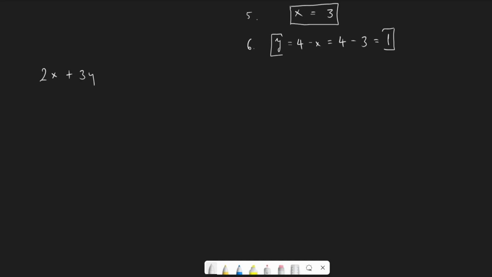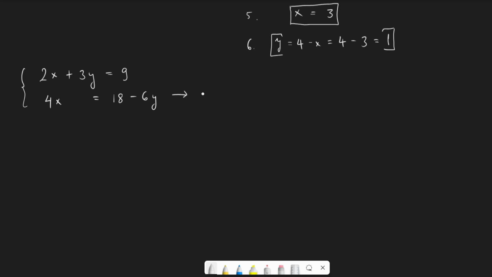2x plus 3y equals 9. And let's suppose that we have another equation, which is the following. 4x equals 18 minus 6y. So this is our system of equations.